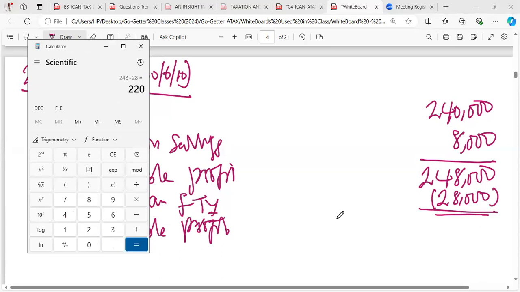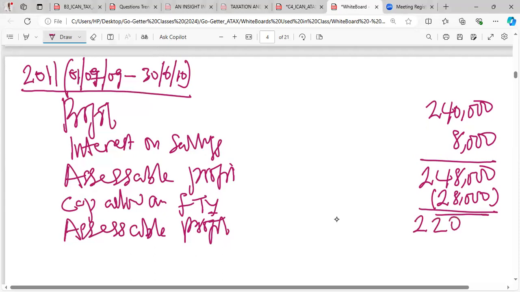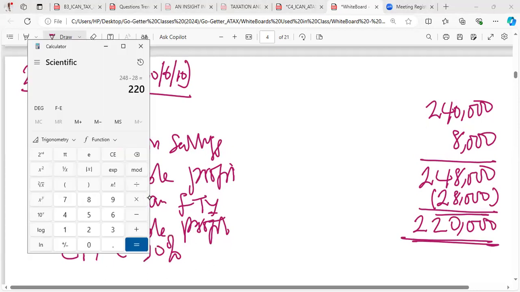Oh, 220. Wow, I didn't look at it before. 220. So this is assessable profit. Your company income tax at 30%. 220 at 30%, which is 66,000.